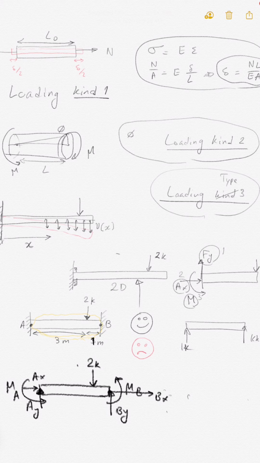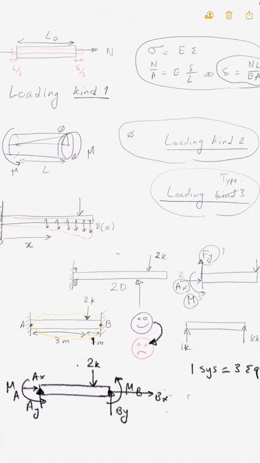Now, the reason that you get from the smiley face to the unhappy face is the moment you start counting the number of unknowns and number of equations. Well, in this case, I have one system that is equal to 3 equations.